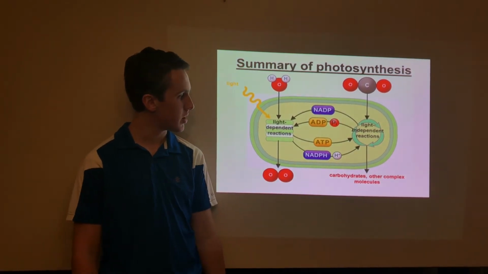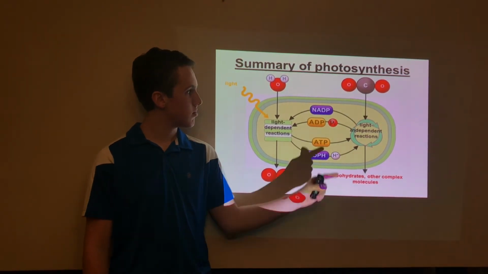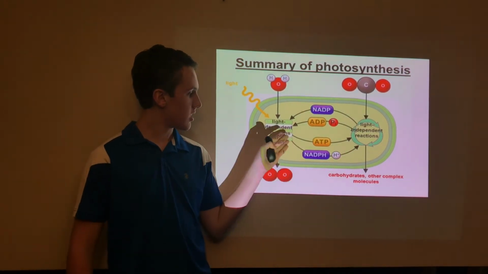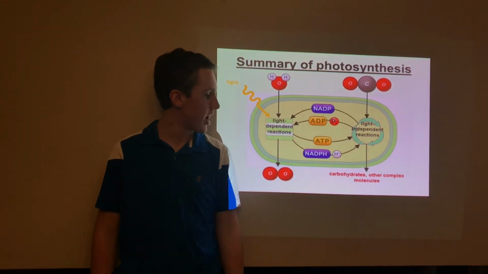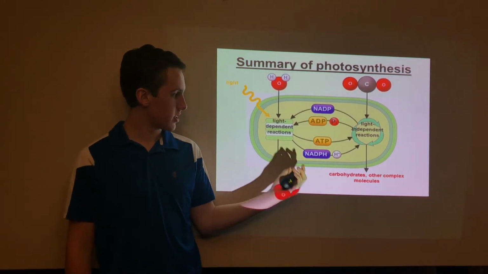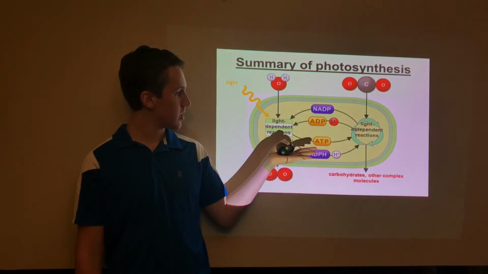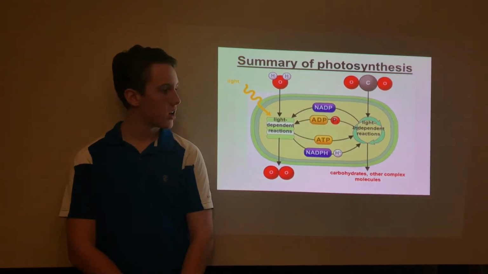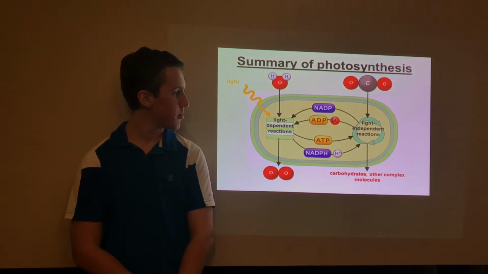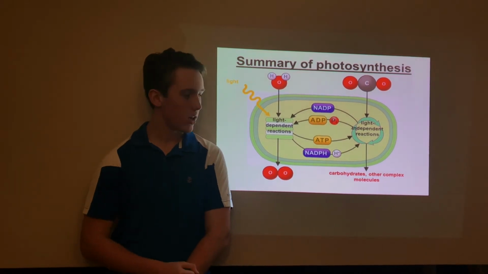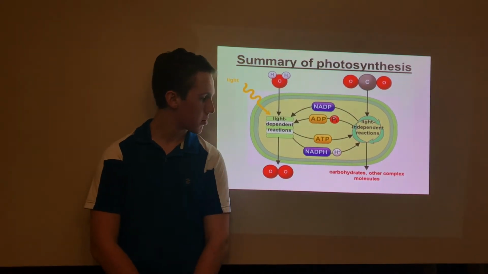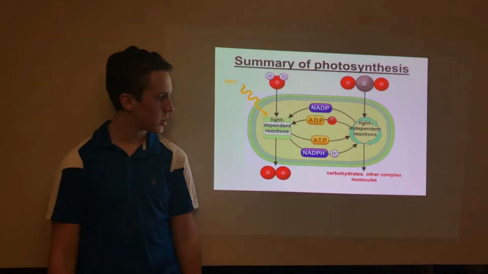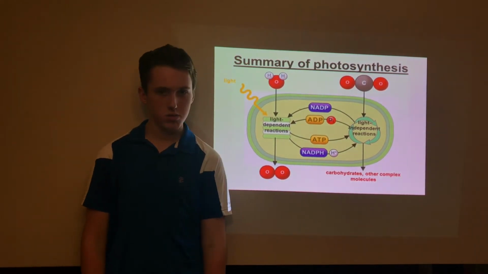In the light-independent reactions, it takes in carbon dioxide and the things made in the light-dependent reactions and produces things needed for the light-dependent reactions, which are NADP, ADP, and P. It also creates carbohydrates and other complex molecules that are not needed, so they just release them.